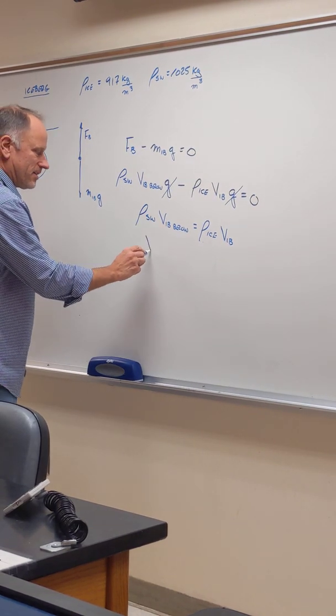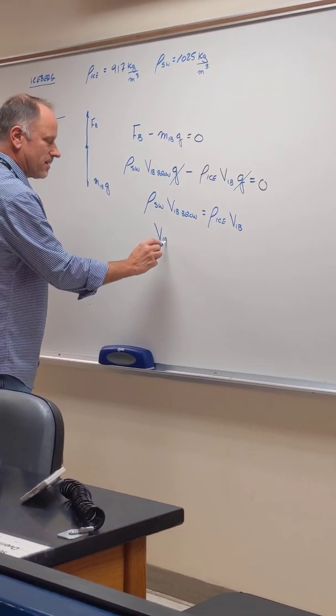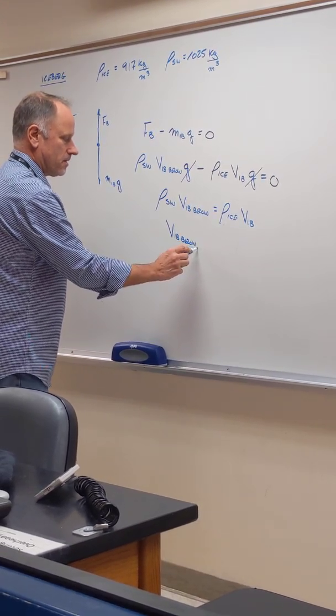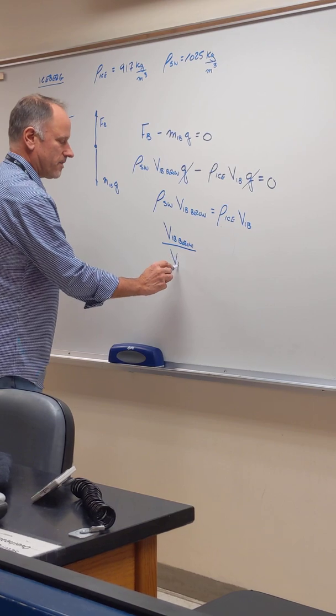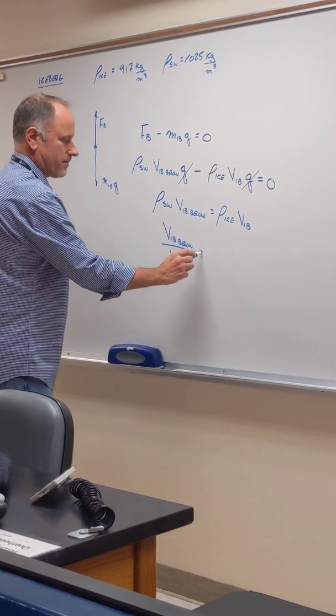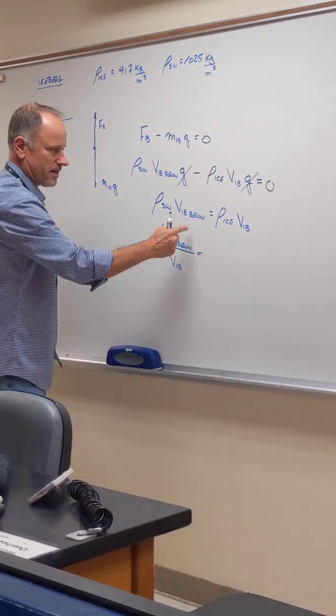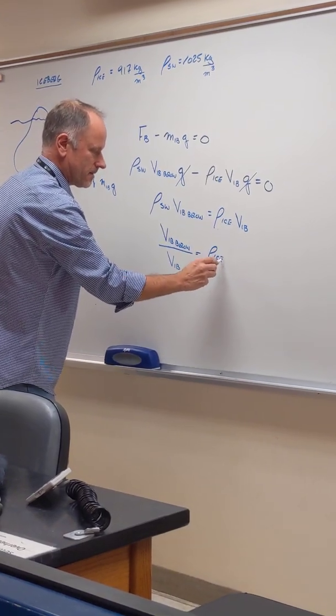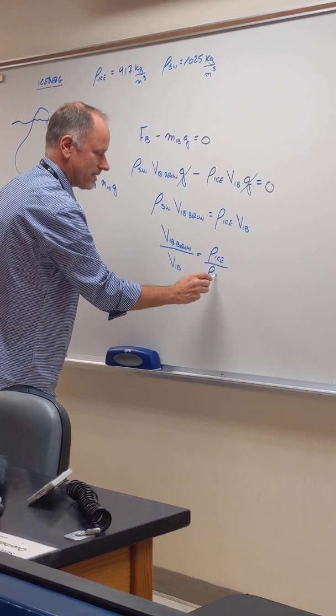So if I take a ratio, the volume of the iceberg below divided by the total volume of the iceberg, I'm going to take this and divide by that.